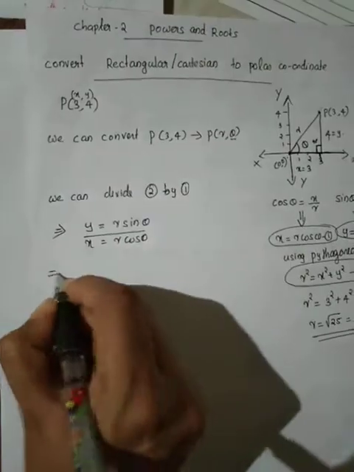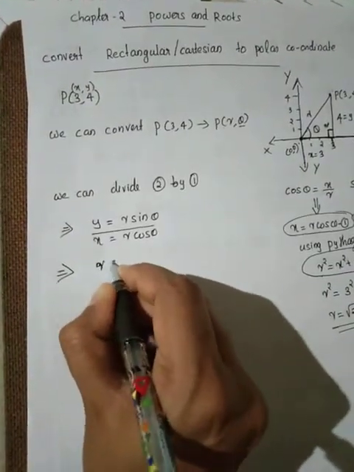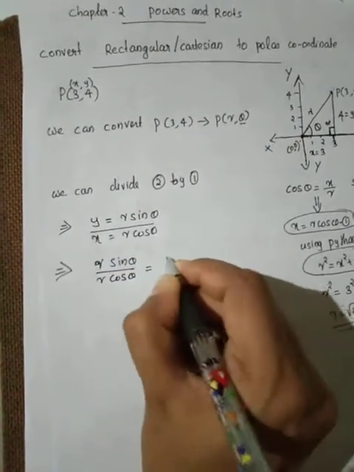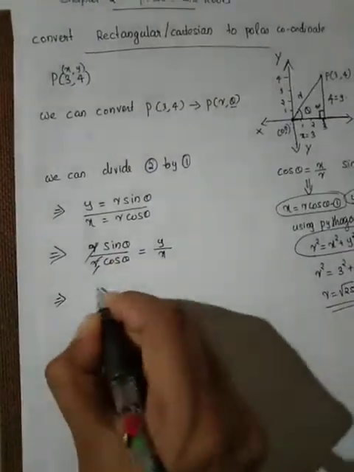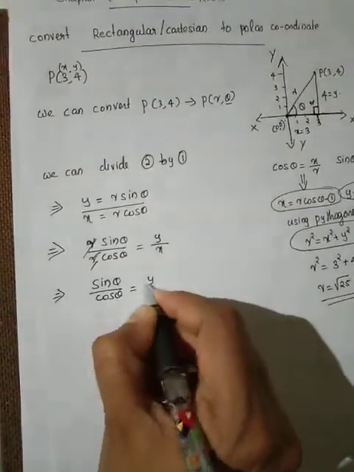This is rewritten as r sin theta by r cos theta equal to y by x. R is cancelled. Then we get sin theta by cos theta equal to y by x.